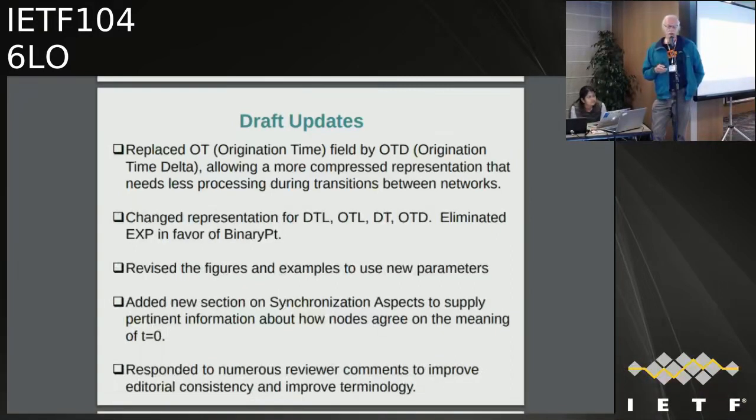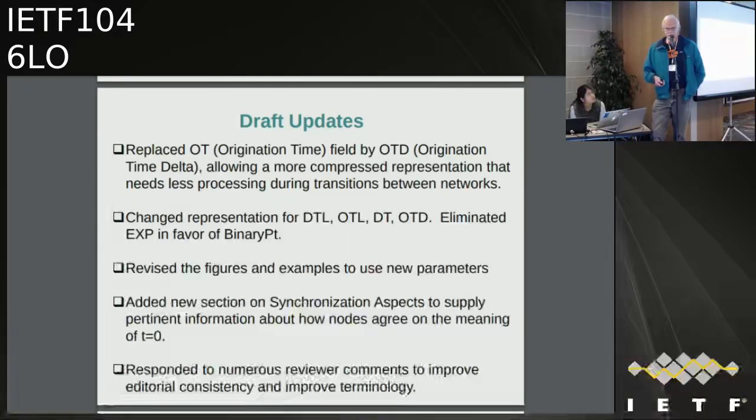With the NTP document, the 64-bit and the 32-bit representation had an equal number of bits for the integer part and the fractional part, but with this binary point, let me see, can I point at it?